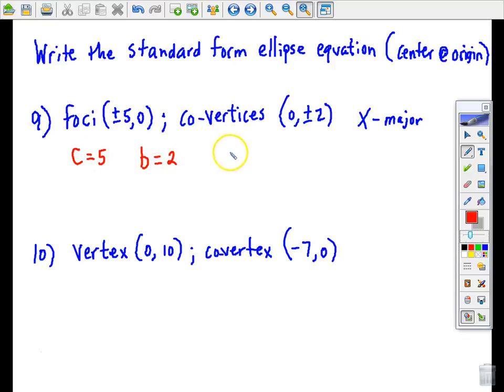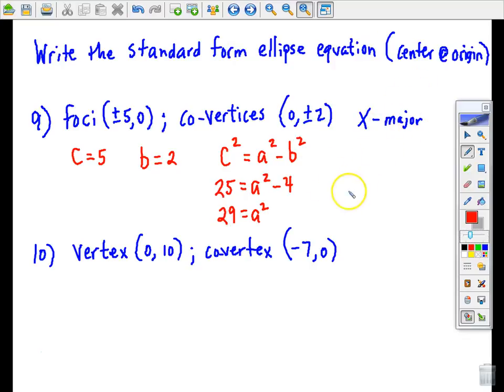For ellipses, the way you find it is you use c squared equals a squared minus b squared. All right, so since c is 5, that makes c squared 25. A squared is what we're trying to find, and b squared is 4. So it looks like a squared is 29.